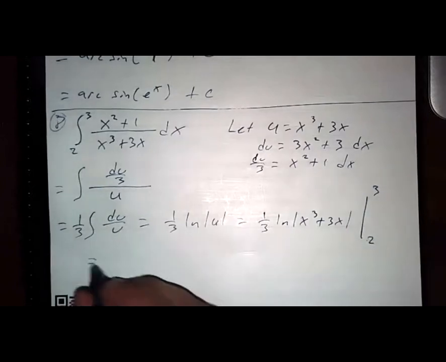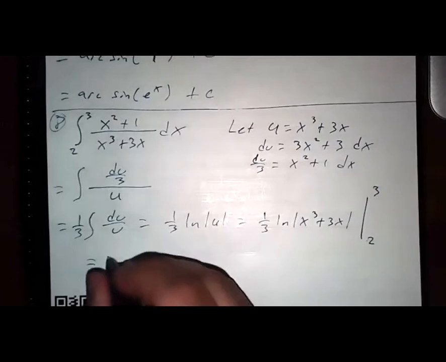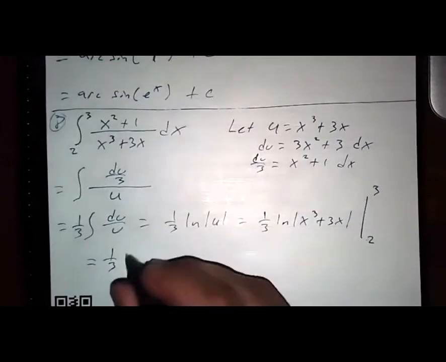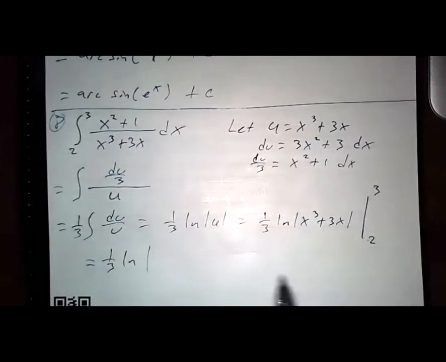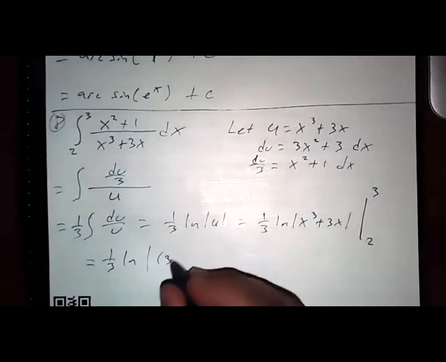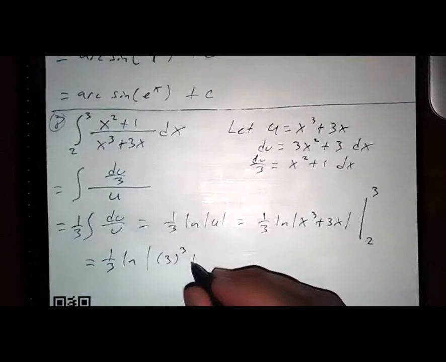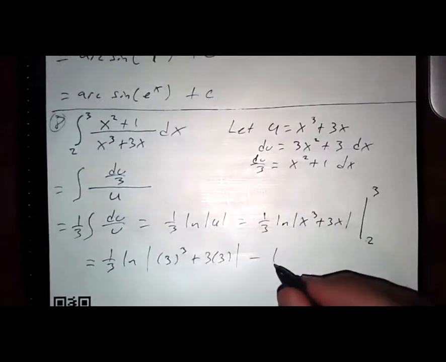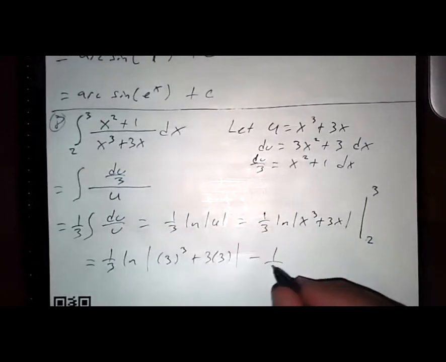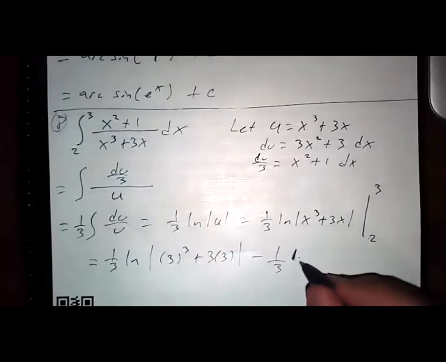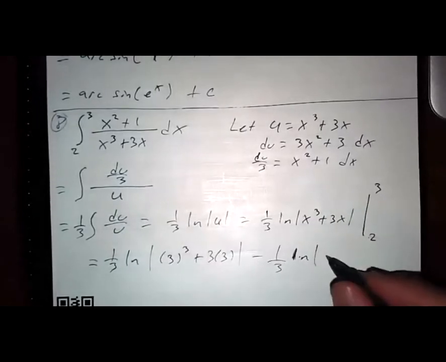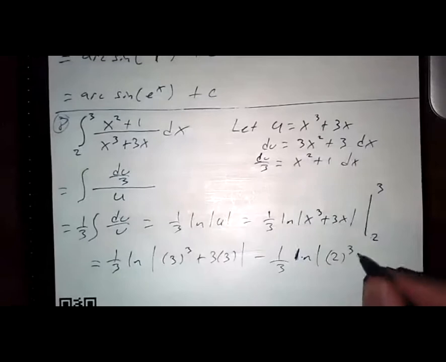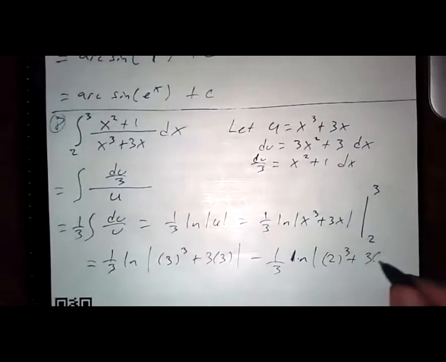Right. So based on the fundamental theorem of calculus, you'd have 1/3 first, 1/3 ln of 3 cubed plus 3 times 3, minus ln of 2 cubed plus 3 times 2.